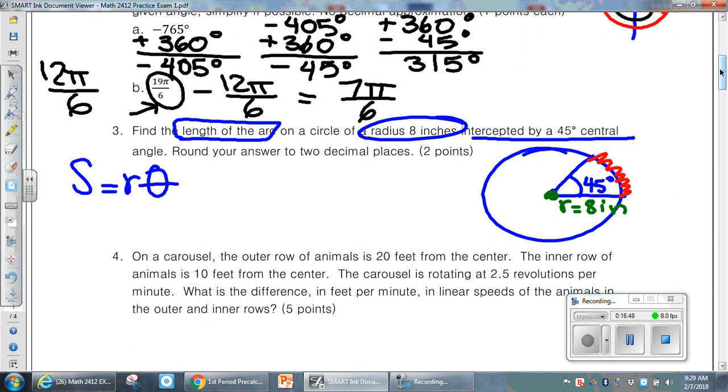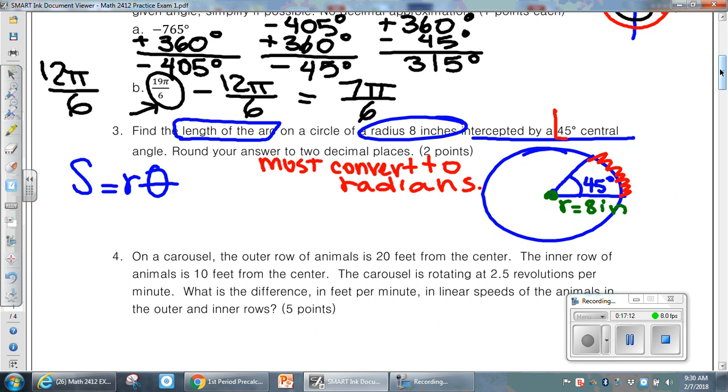So one thing you must remember, okay? You must convert to radians. That's another question that it really hurts my heart if I have to count it wrong, because I know that you know what to do, but you just forgot to convert to radians. So please do it.